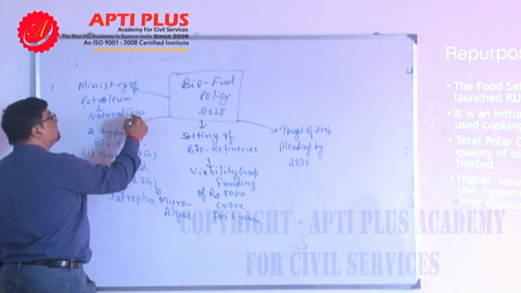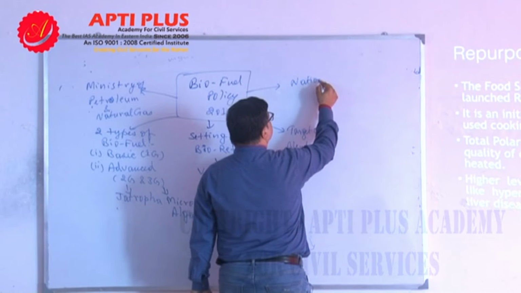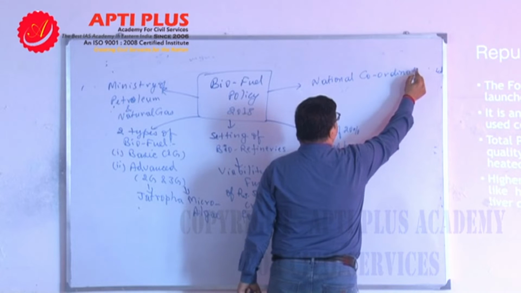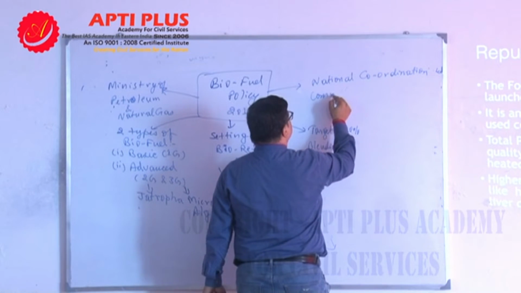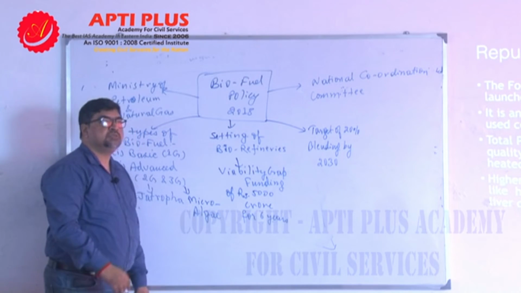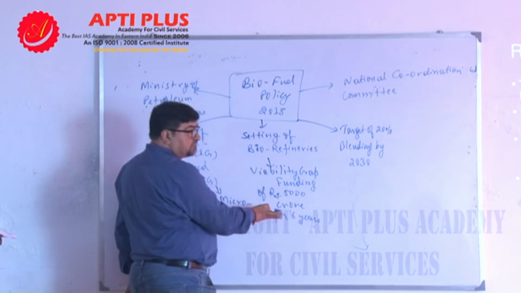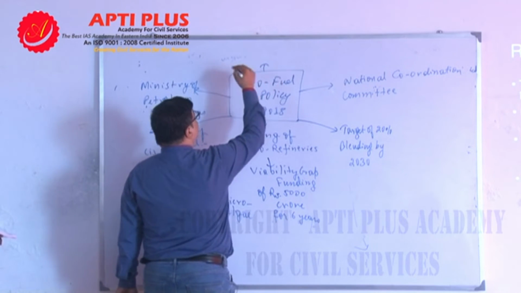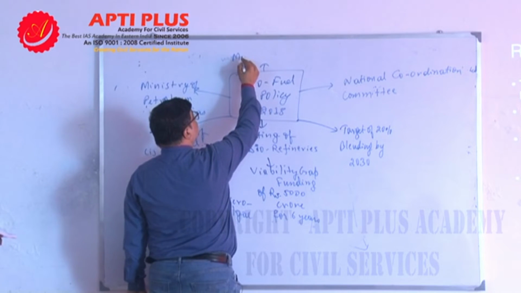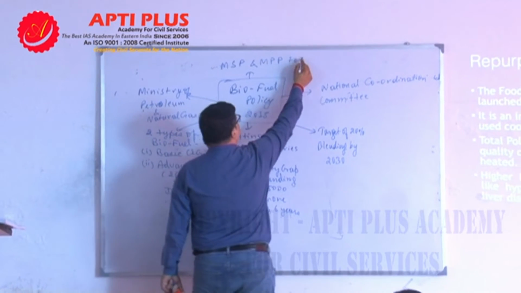And for all the policy programs, there will be a National Coordination Committee. And for biodiesel and bioethanol, there is also a very important proposal: minimum support price, MSP, and minimum purchase price to farmers.